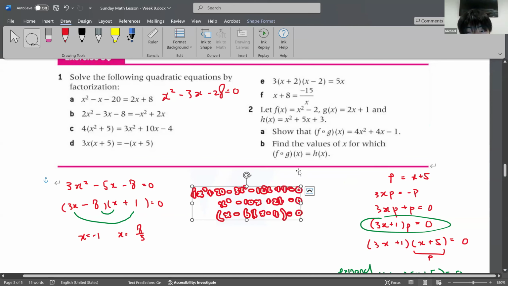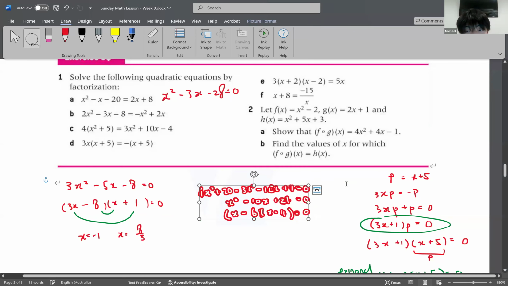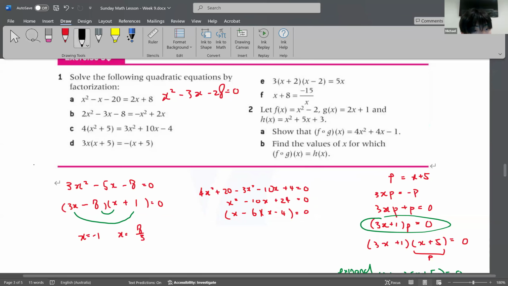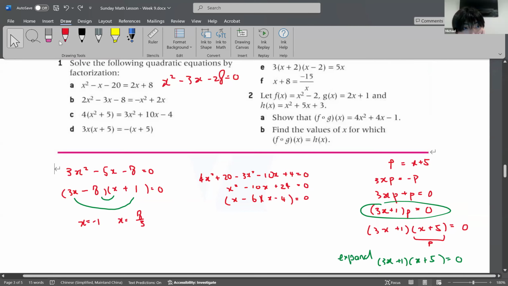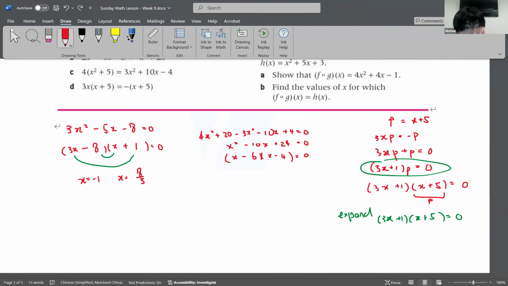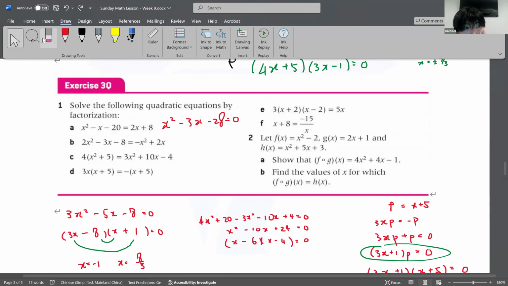All right, let's have a look at question E. What do you guys get for E? I got 3x plus 4 times x minus 3. Okay, say that again. 3x plus 4 times x minus 3.